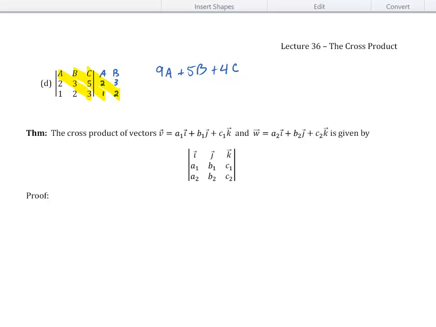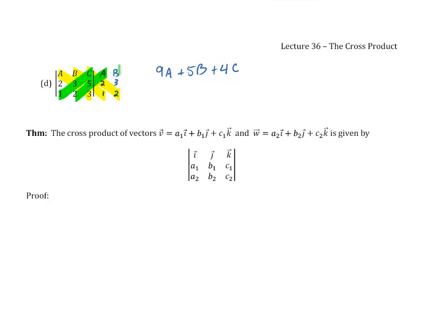And now if you do the back diagonal, which we'll do in green again, you get minus C times 3 times 1, which is minus 3C. And then A times 5 times 2 is minus 10A.